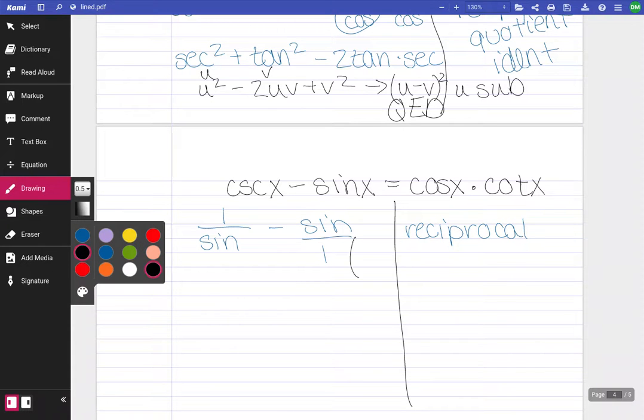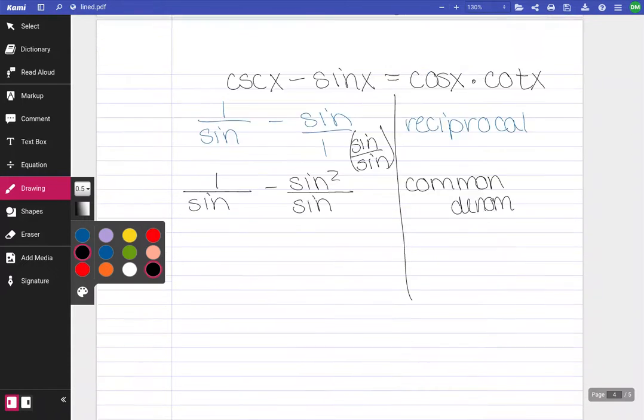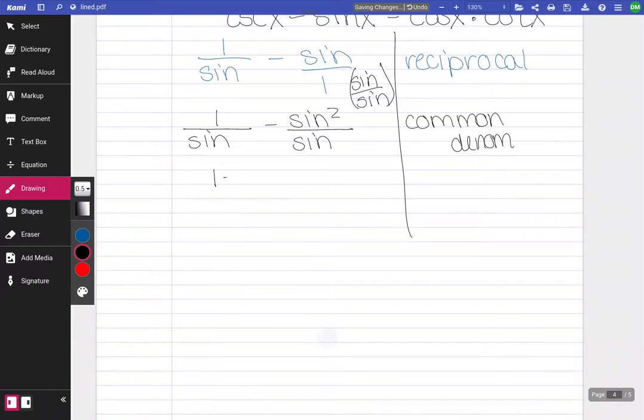So for me to get a common denominator, I need to multiply this side by sine over sine. So I've got 1 over sine minus sine squared over sine. And that was common denominator. Combine these.